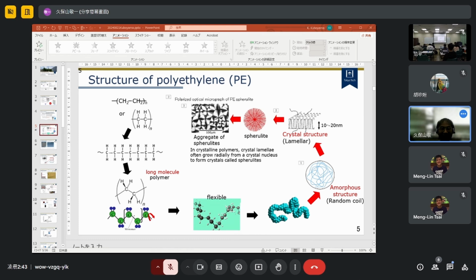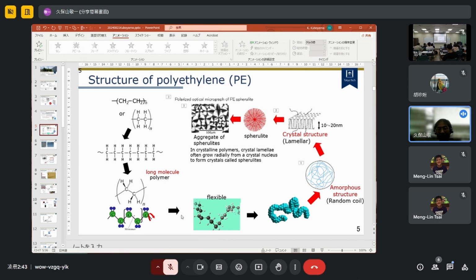So from here, I'll use this image. This is a two-dimensional chemical structure of polyethylene.